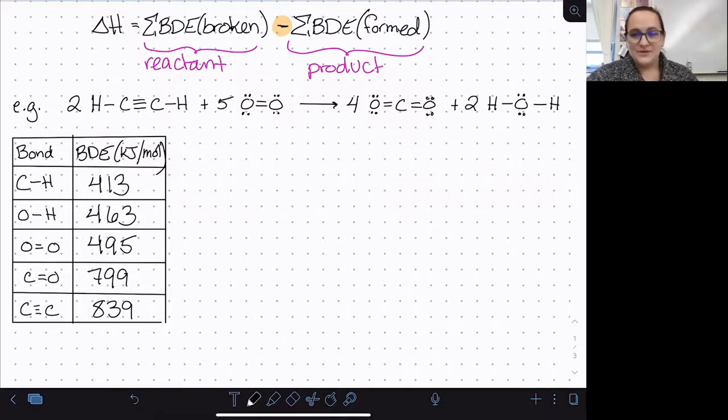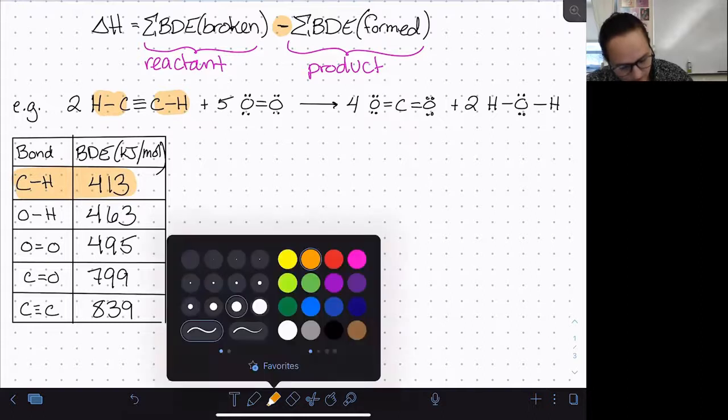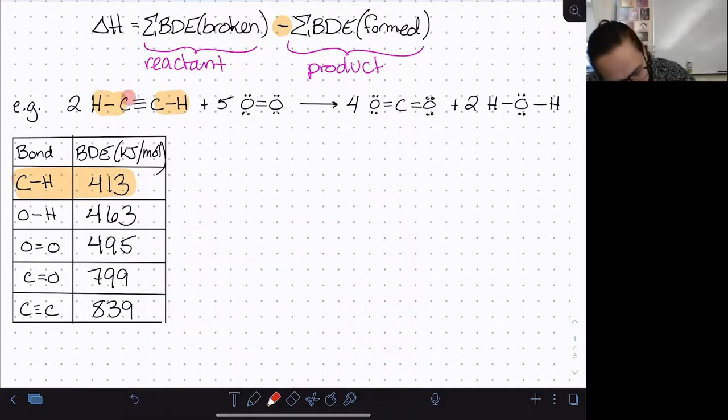So for this one, we're going to want to identify the different types of bonds that we have present in our reactants and products. So we have carbon-hydrogen bonds present in acetylene. We also have a carbon-carbon triple bond present in acetylene.